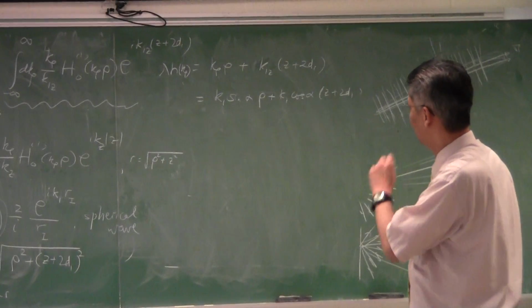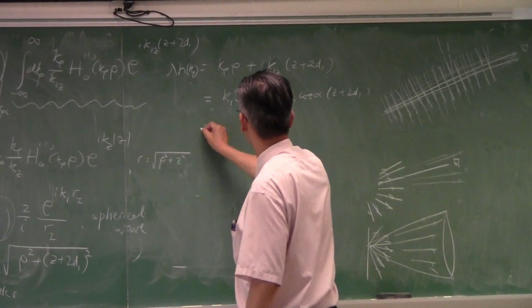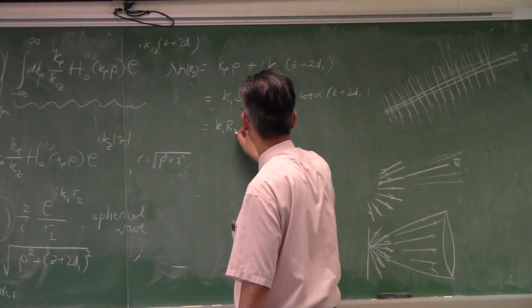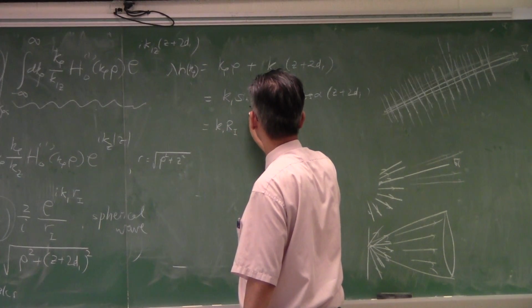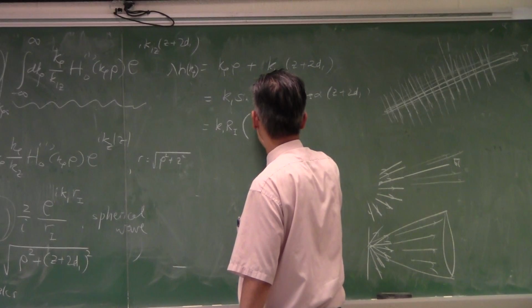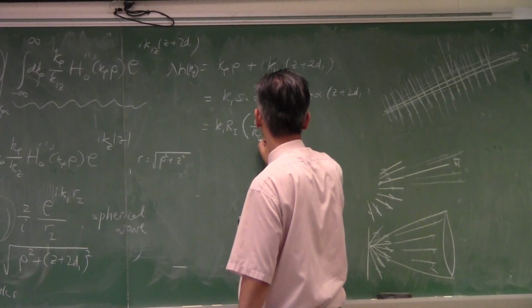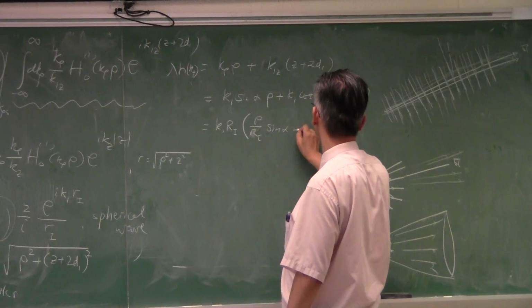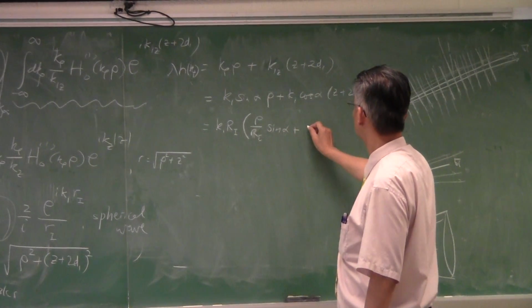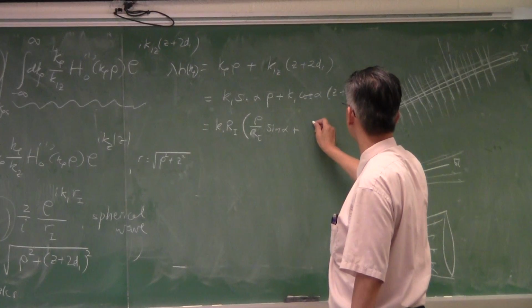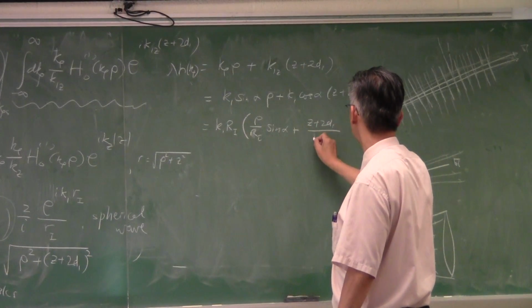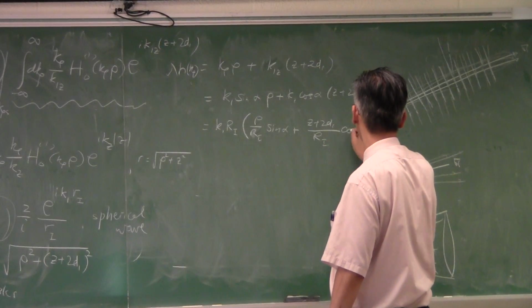And then I can also rewrite this as k1 r I times rho over ri sine alpha plus, I took out the k1, so this should be z plus 2d1 over ri cosine alpha, right?